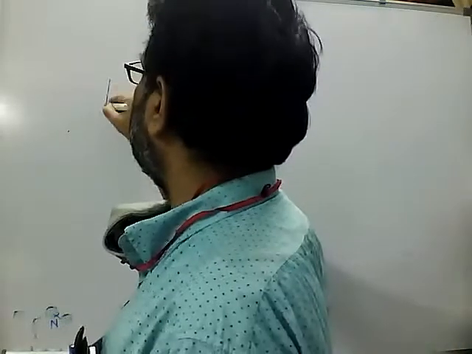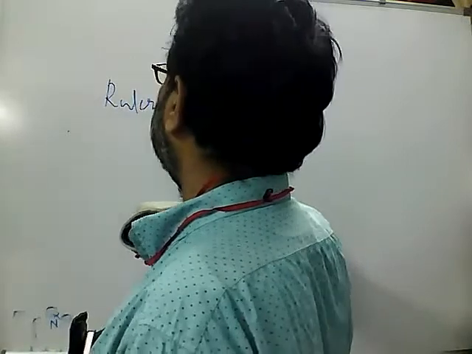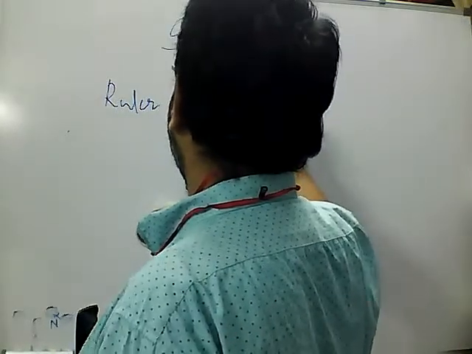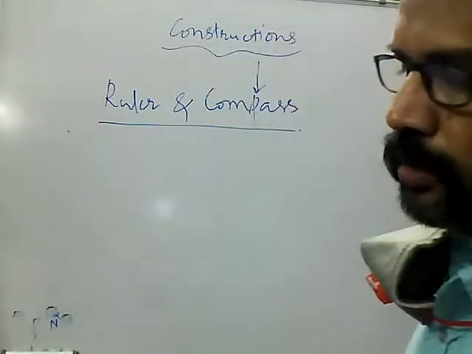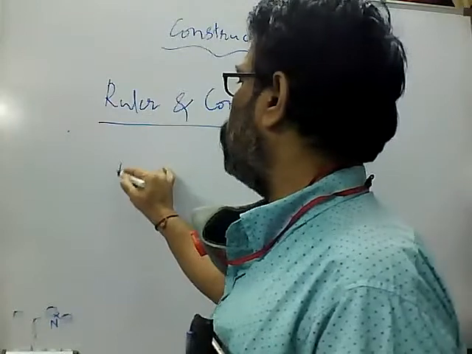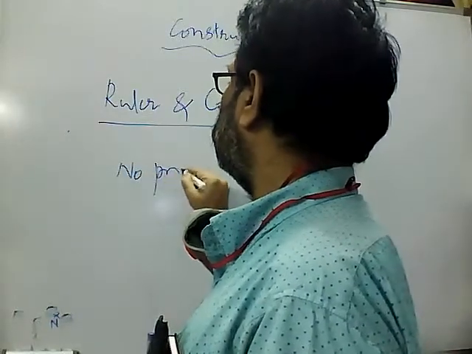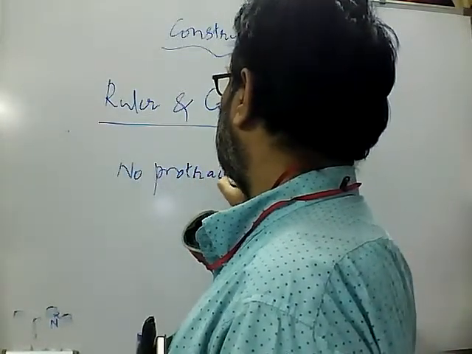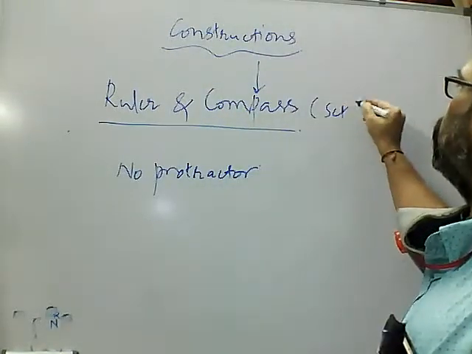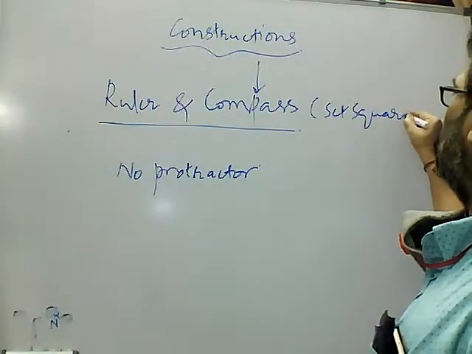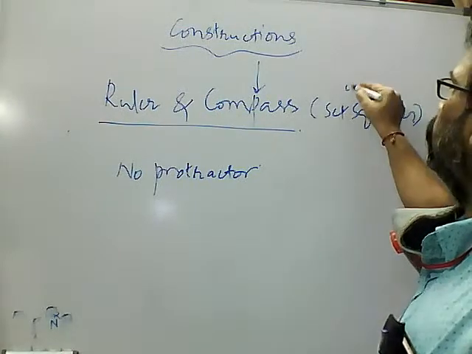These are basically ruler and compass constructions, remember it. The construction should be done only with ruler and compass. So no protractor, and if required you can use set squares also, no problem.